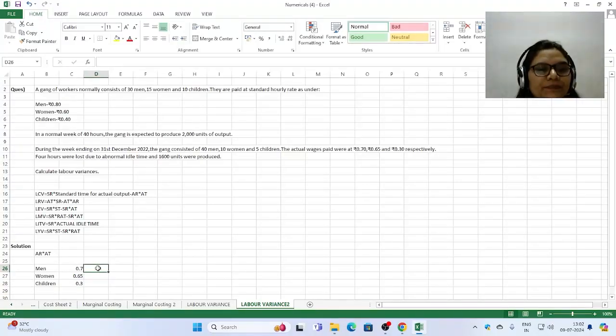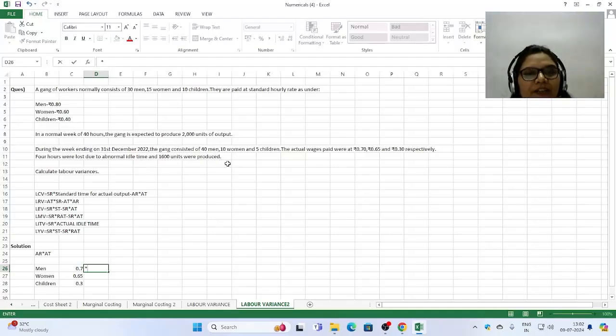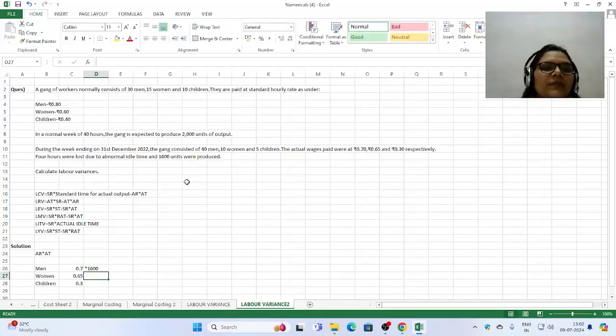Then actual time. Actual time is given to us. We will calculate the actual time. See in the question, 40 hours were worked, and therefore actual time for men will be 40 into 40, 1600. Next will be 40 into 10, it will be 400. Next 40 into 5, it will be 200.